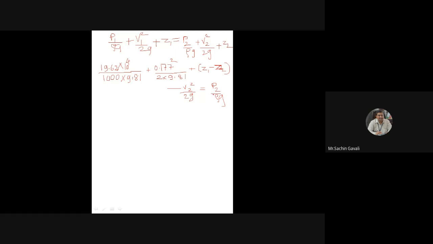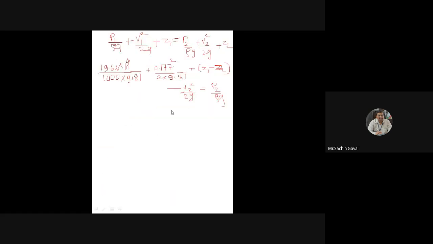What they asked us to calculate is the pressure intensity, so P2. First of all, we will get P2 upon rho G. You do the calculation, and you will get it in meter of water. Anybody got the answer?